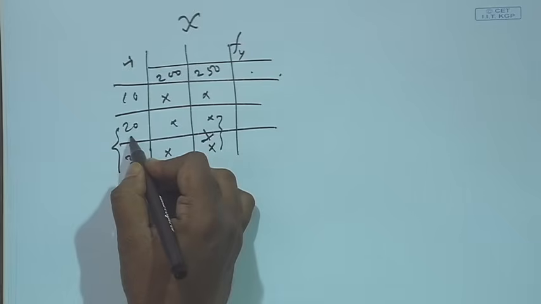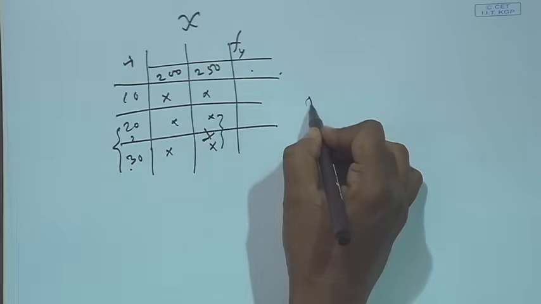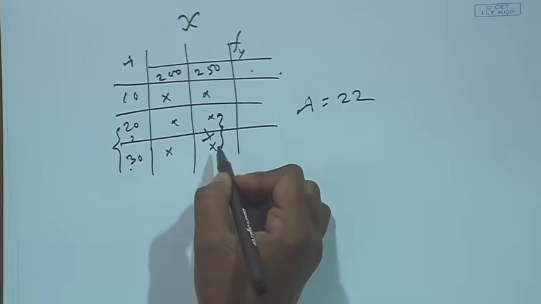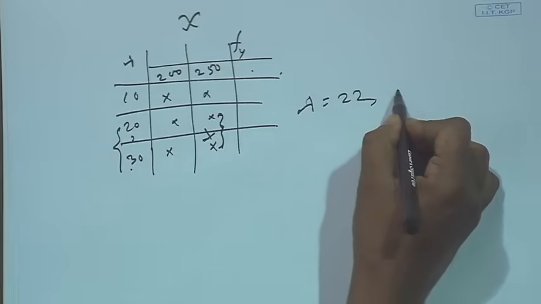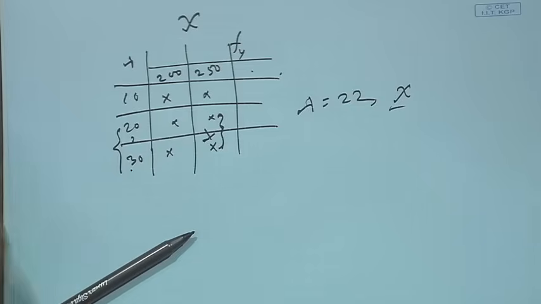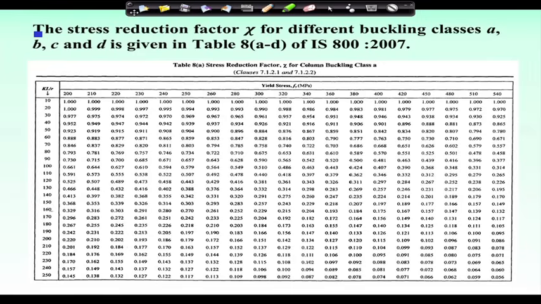Say, for example, if lambda is equal to 22, we can interpolate between these two to find out the chi value with respect to 22, right. So, from Tables 8A to D, one can find out the value of reduction factor according to the buckling class A, B, C or D. We can choose Table 8A or 8B or 8C or 8D, and we can find out the value.